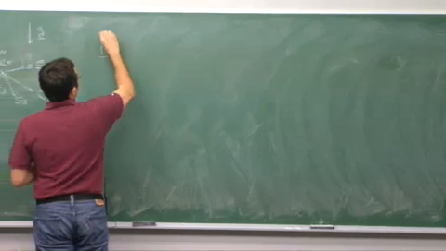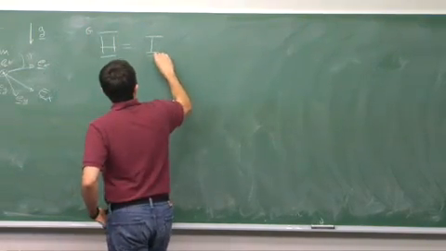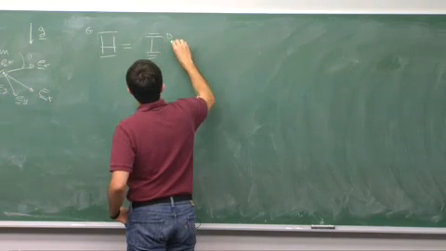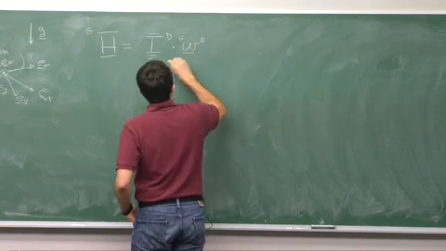H bar in G, I know it's I, the tensor of inertia bar of the body D, disk, times omega dg.